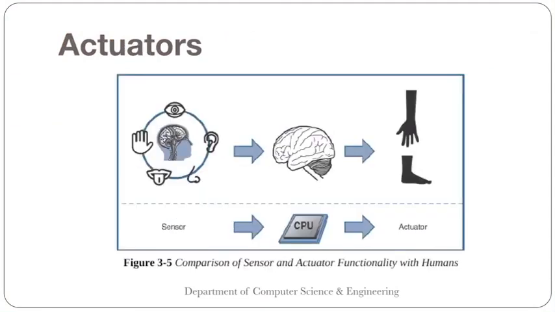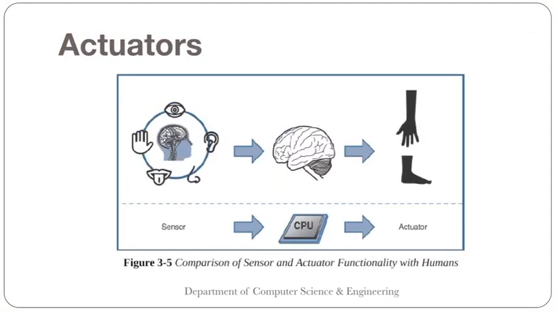Okay, so we can correlate that with a human. We have different senses: we can see, hear, touch, taste. All of these are collecting data, and based on that our brain decides what action has to be taken.